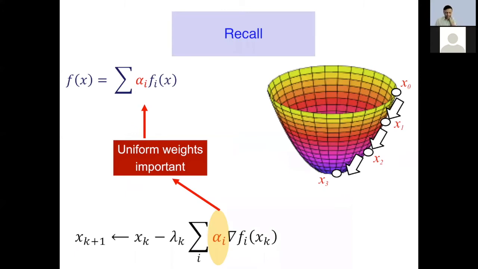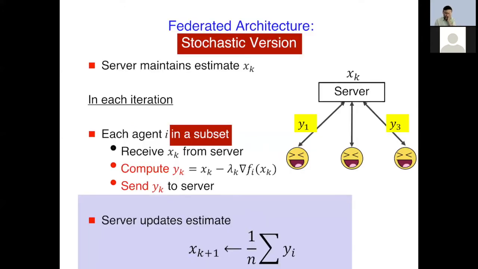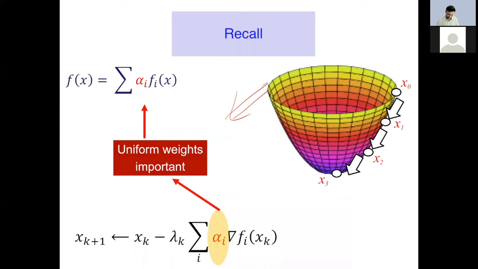So like I said earlier, the uniform weights are important. If you go back here, if, for instance, we include agent 1 in every iteration, meaning anytime I pick a subset, agent 1 is always there, whereas agent 2 is included only half the time, then the weights that the different agents are getting are not going to be equal anymore, because I chose agent 1 in my subset much more frequently than agent 2.